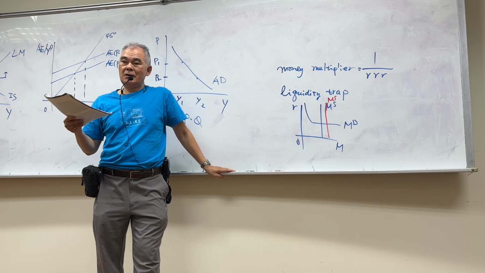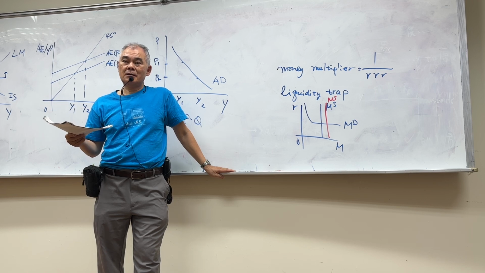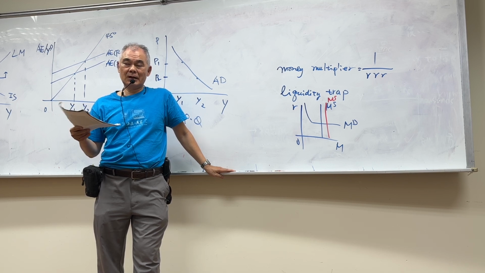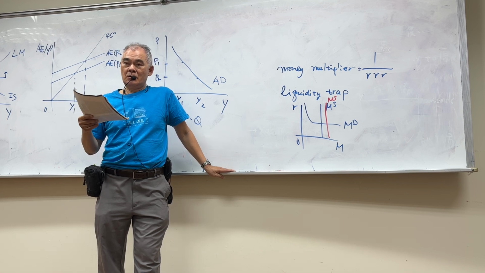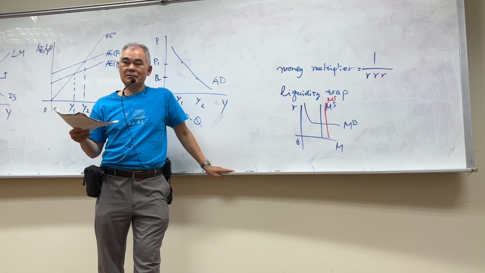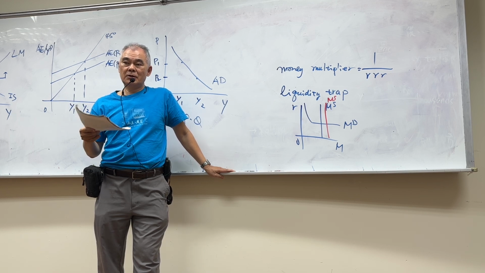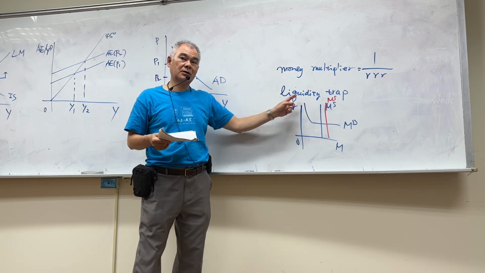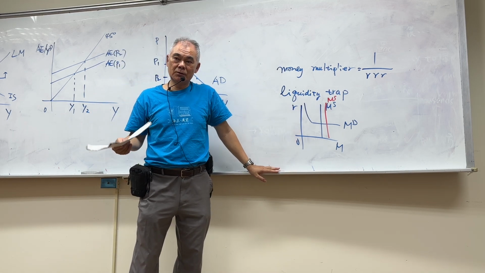So the interest rate will not go down; instead it will go up. If the interest rate goes up, the price of bonds will go down. So even if the money supply increases, no one is going to buy bonds, because if you buy bonds, you expect the interest rate to go up and the bond price to go down. You're going to lose money. So if there's a liquidity trap, monetary policy will not work.